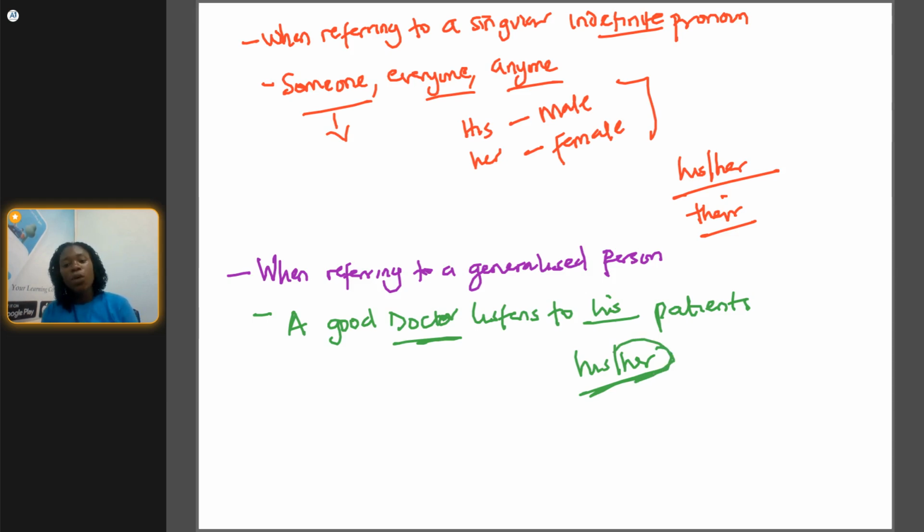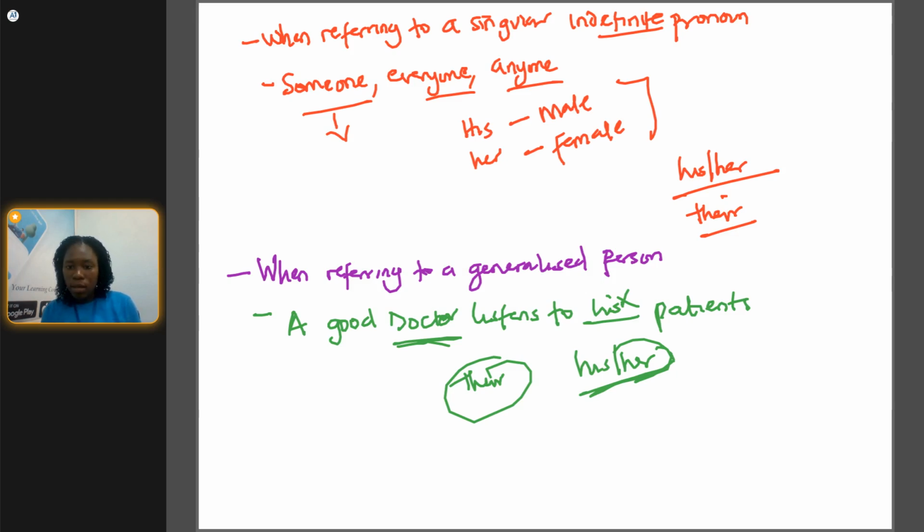It means you're referring only to male doctors. But in this case, you're referring to all doctors, whether male or female. Once you're a good doctor, you're expected to listen to your patients. Because this has been generalized and has no gender, you use "their" as the option. So "his" is not your option.